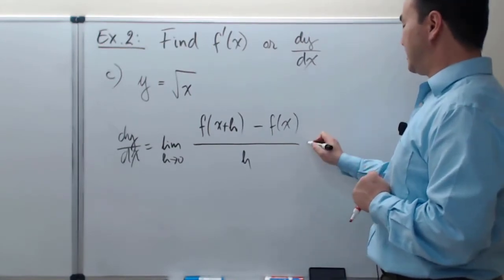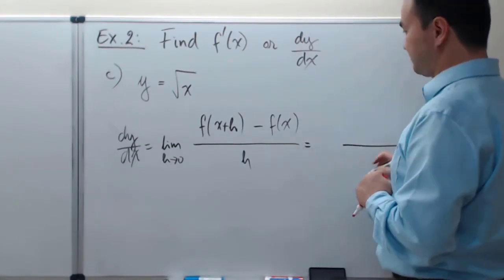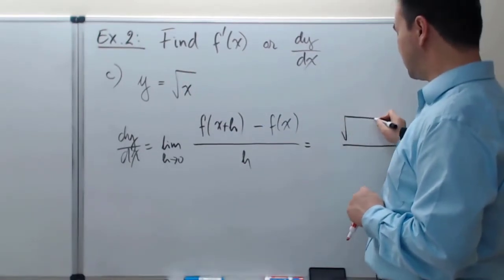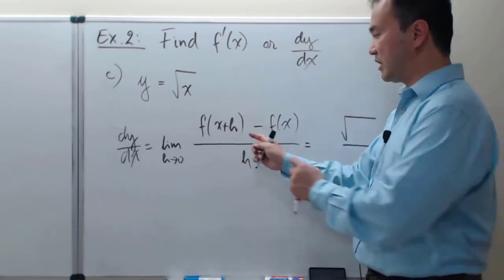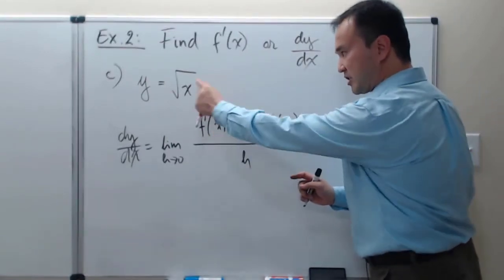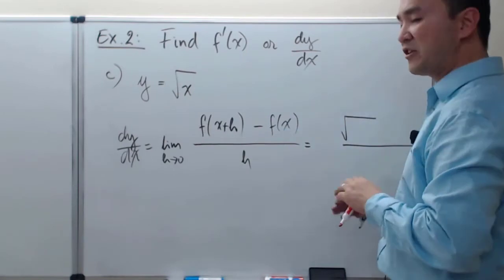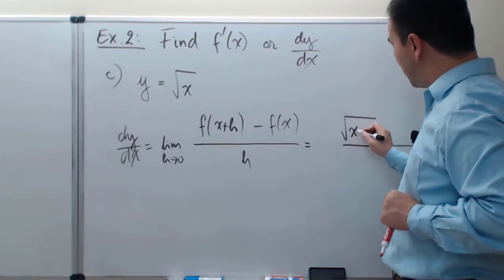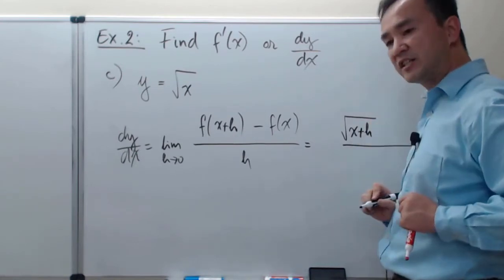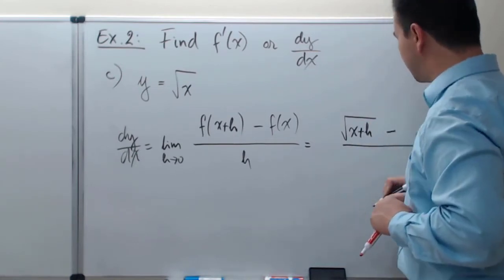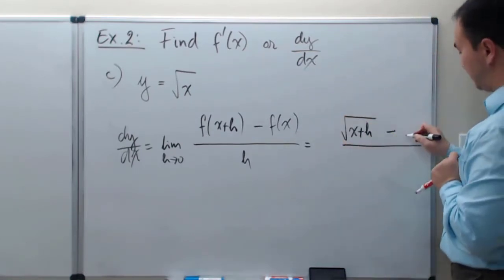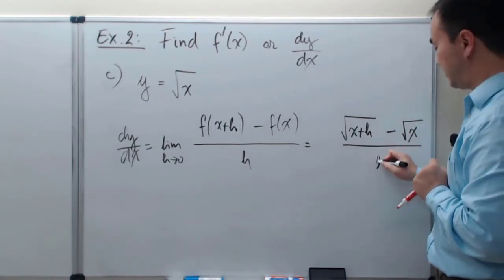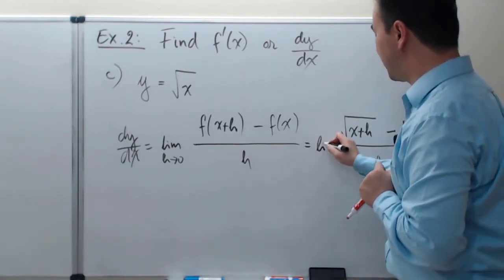Okay, assuming that this is f of x, then f of x plus h means we're going to take the expression x plus h and substitute that into our square root function entirely. So the square root is going to contain entirely x plus h inside of it. And then we're going to subtract. So this is f of x plus h right here. And now we're going to subtract square root of x, which is f of x, and we're dividing by h.